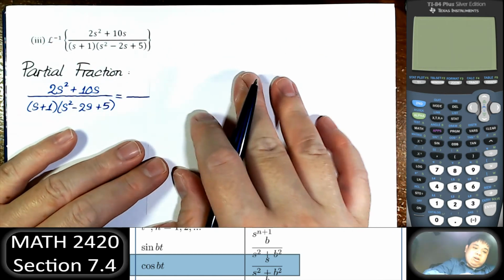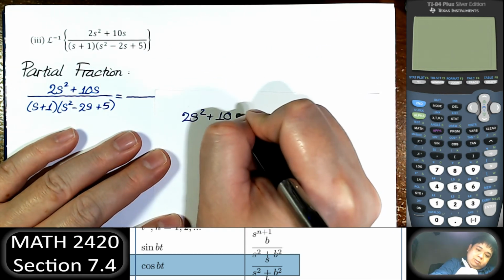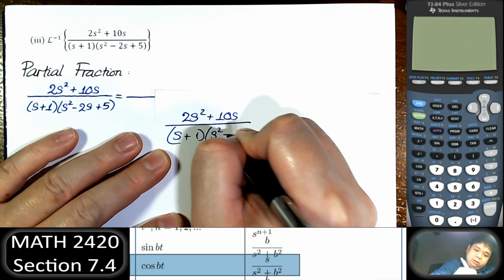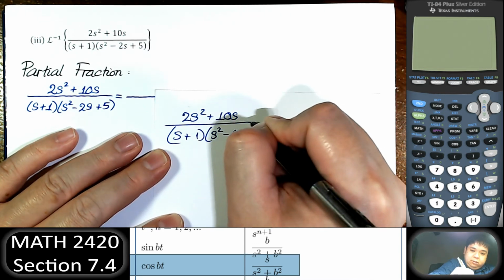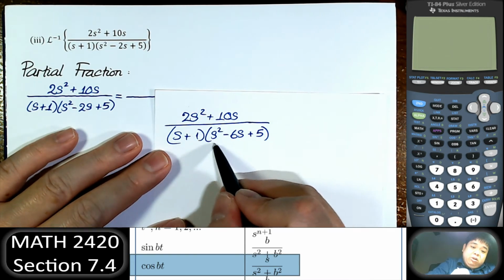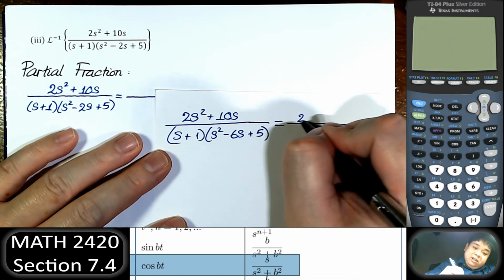Let's say if we have something like that. Then first we have to look at this to see if we can factor that any further, and the answer is yes.